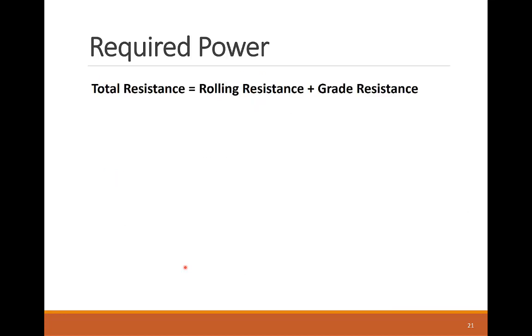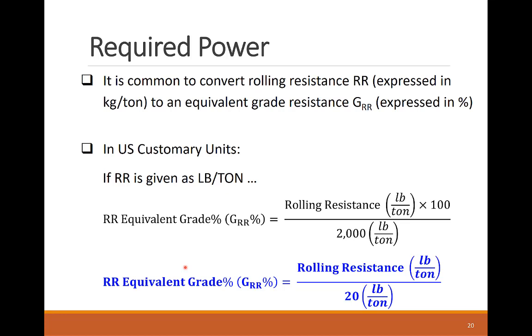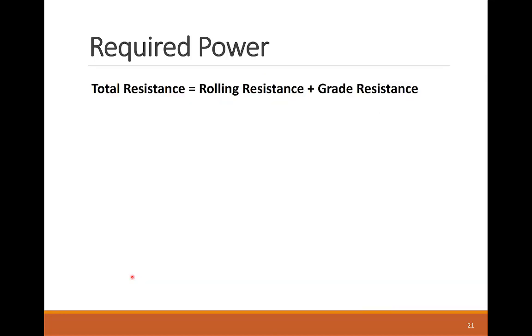If we are dealing with the US units, a similar formula can be used for pound per ton rolling resistance values as shown. Now we can add the physical grade resistance and the rolling resistance equivalent grade as two percentile values to get the total resistance value.